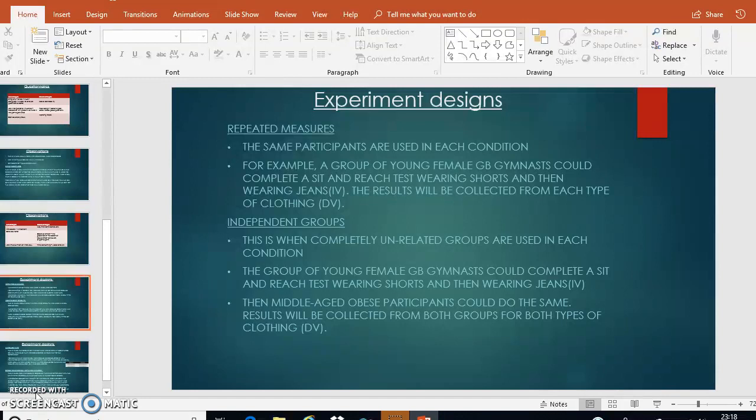So this is probably not the most reliable form of experiment design, because these participants are completely unrelated, and it's quite likely there's going to be a lot of variation in their results, because it's quite easy to guess that the young female Great British gymnasts are clearly going to get the best results, and they're going to be significantly higher than those of the middle-aged obese participants. So this is probably not the most reliable form of experiment design.